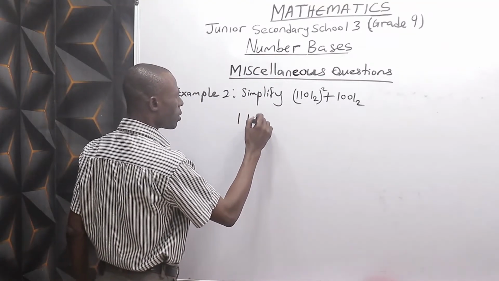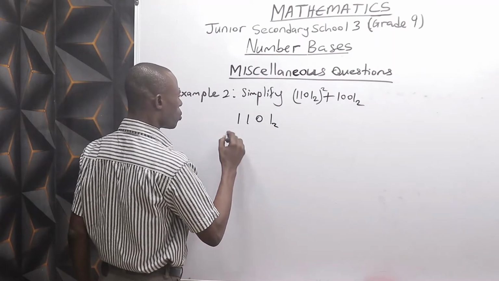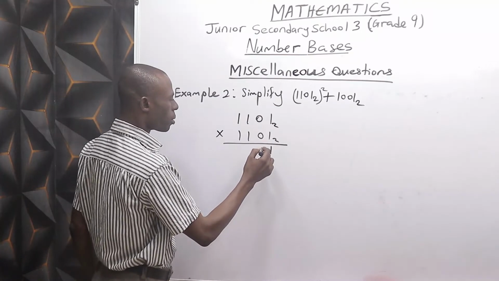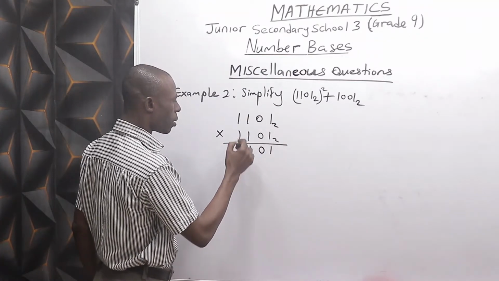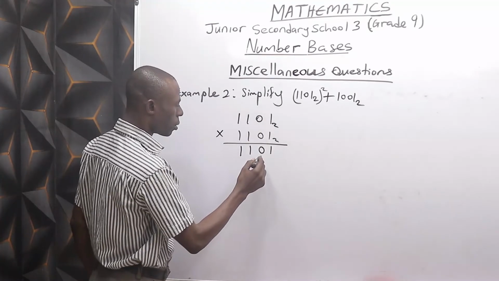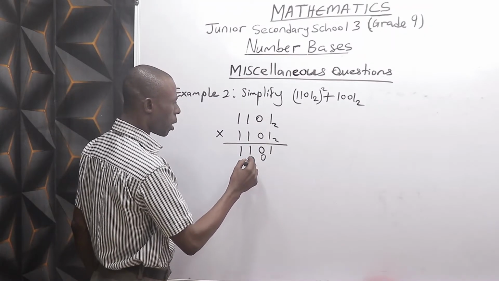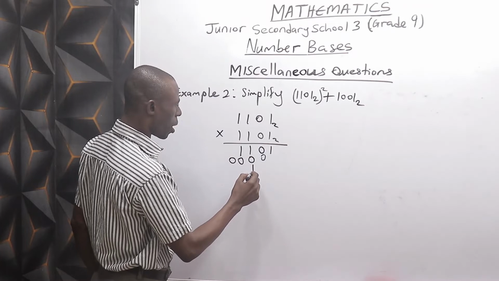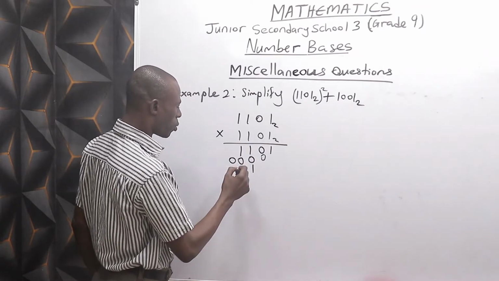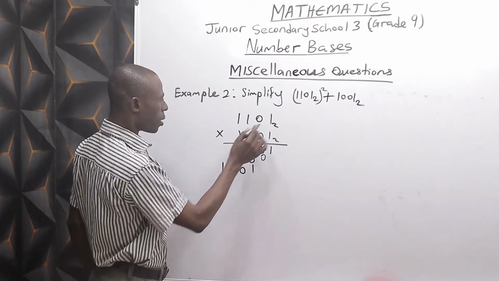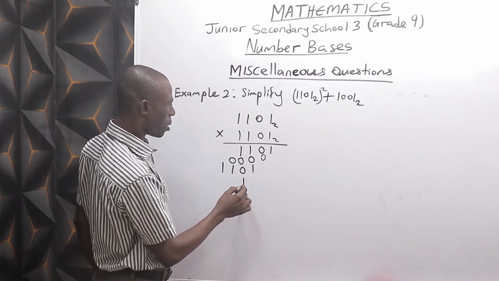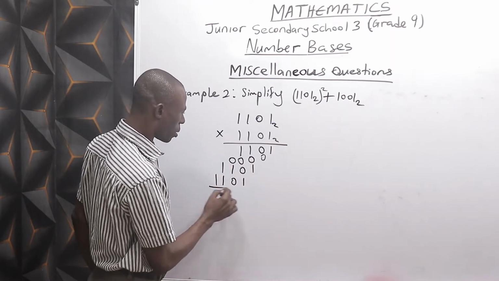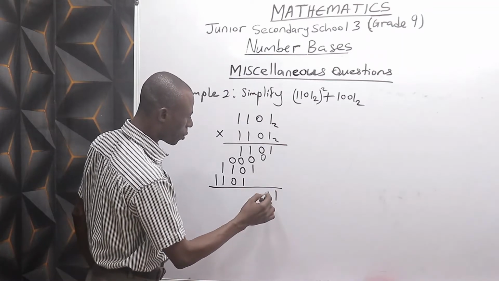So we have 1101 base 2 times 1101 base 2. 1 times 1 is 1, times 0 is 0, 1, 1. 0 times 1, 0, 0, 0, 0. 1 times 1, this 1, times 0, 0, times 1, 1, times 1, 1. 1 times 1, that's 1, times 0, that's 0, times 1, 1, times 1, that's 1.